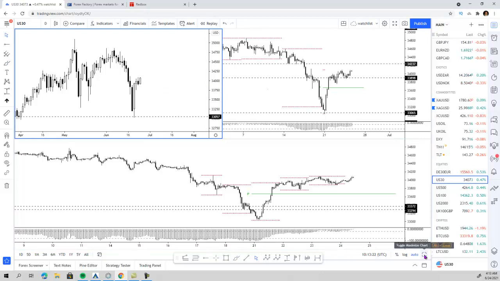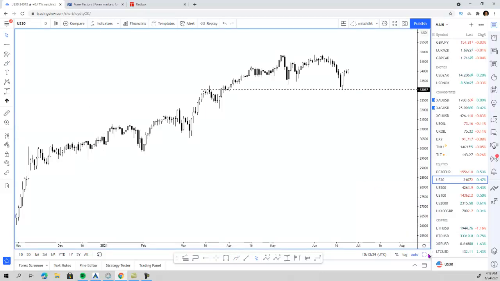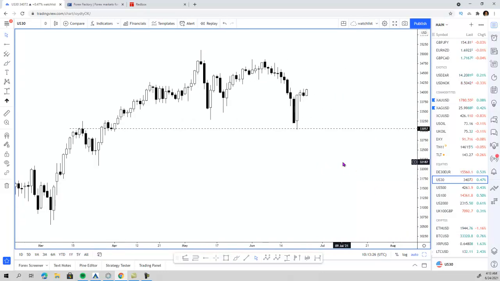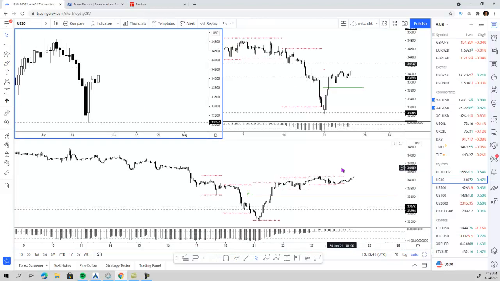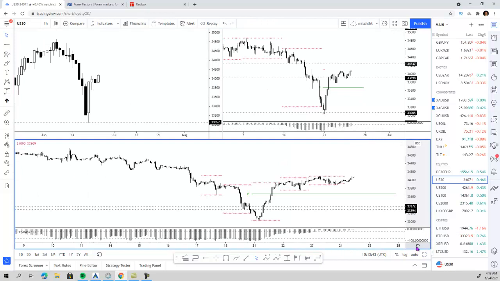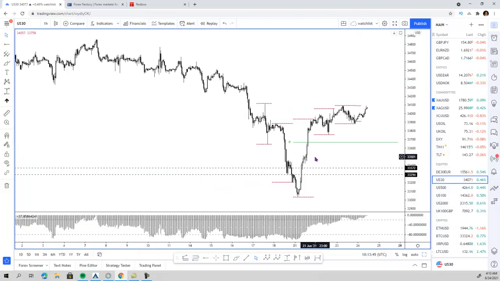Now, I'm going to write the analysis, but basically what I'm looking at here on the Dow very quickly is after this daily bullish engulfing candle, we had two pretty choppy trading days on the Dow, right? Now let's go to the hourly chart.